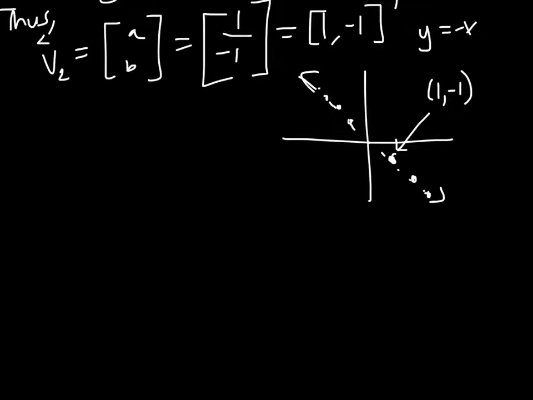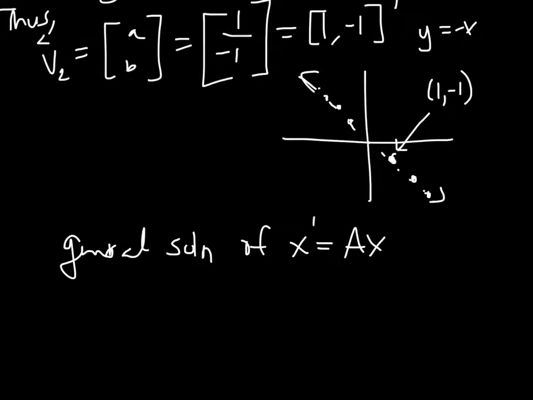Remember the goal of this problem was to find the general solution, because we didn't have initial conditions, of this differential equation. I'm looking again on page 368 of your book, and we did step 1, step 2, step 3, and notice that our general solution of x prime equals Ax is the following.